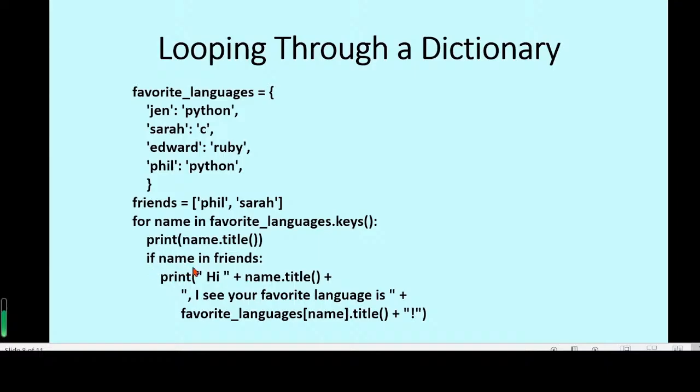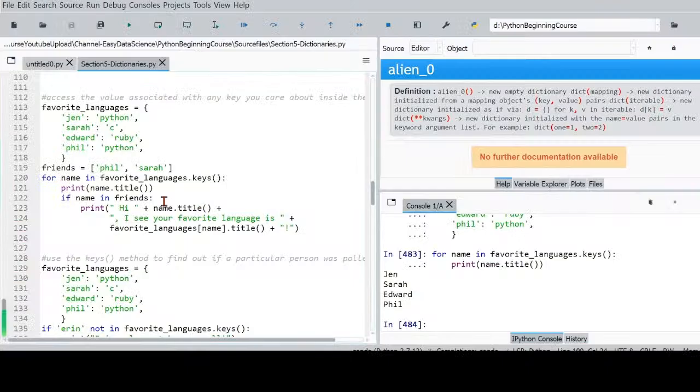Next, we write an if conditional test: if this name is in friends, this list. So if one of these keys is in this list, then we will print another message: Hi, the name in title form, and a message, I see your favorite language is, followed by the language value in title form. So we show this.